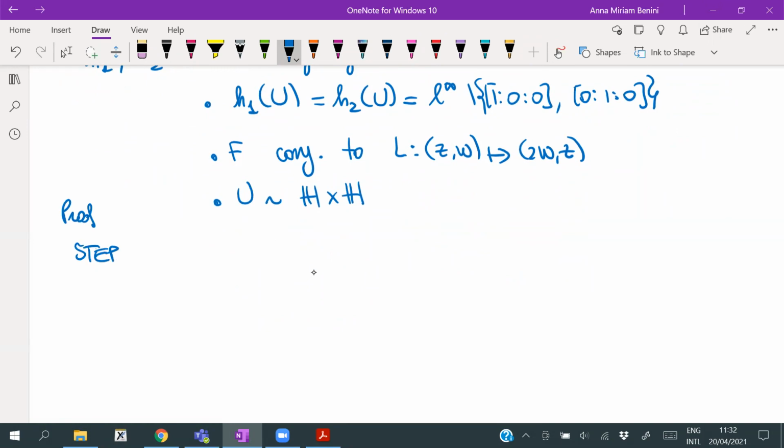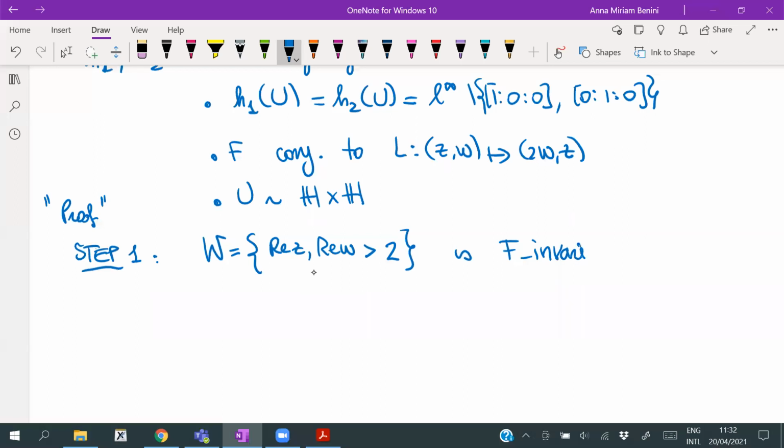I'm gonna put some quotation marks. Step 1, show that the set in which both real parts are large, the set W in which real Z, real W is bigger than, say, 2, is F invariant. Easy. I mean, you sit down and you do the computation.